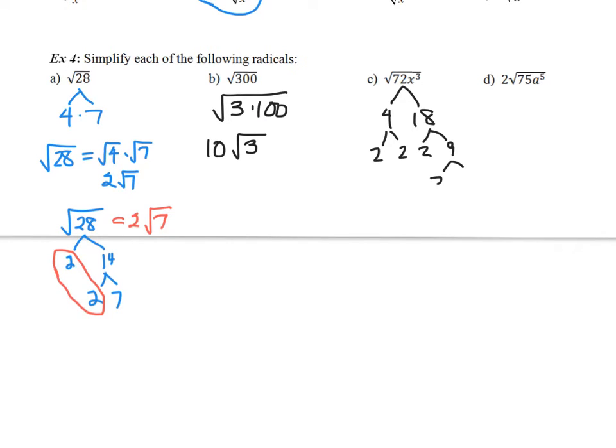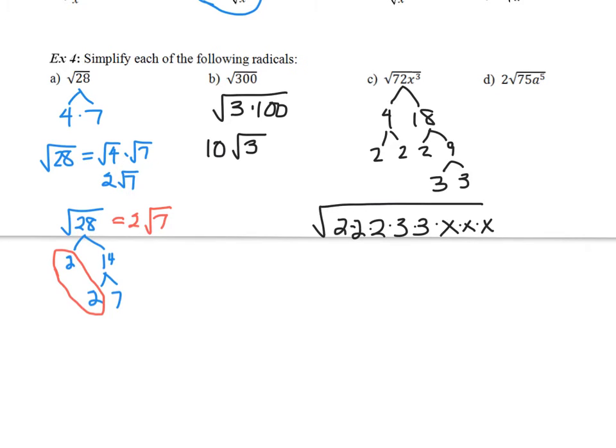And 9 breaks down into 3 times 3. I also have an x cubed, so I can expand this as the prime factors 2 times 2 times 2 times 3 times 3, and then 3 factors of x.